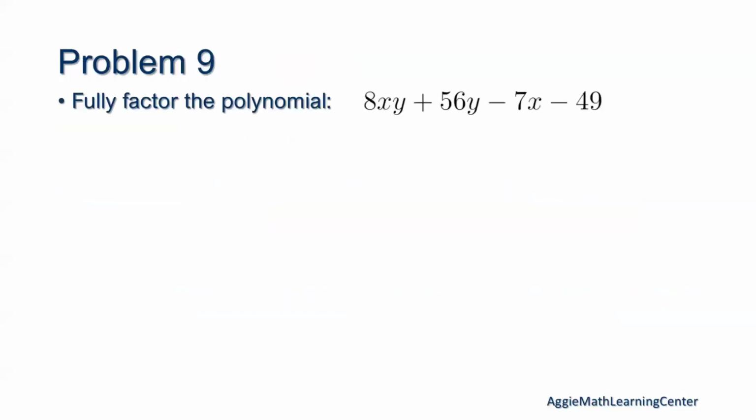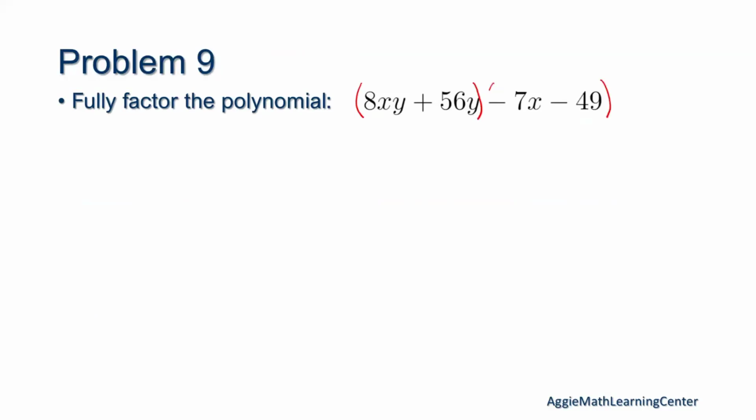So how would you break this up into 2 groups? Put parentheses around the 8xy and 56y, and then immediately after that, parentheses around the negative 7x and 49.